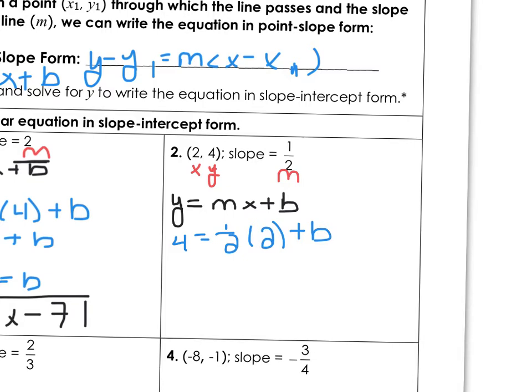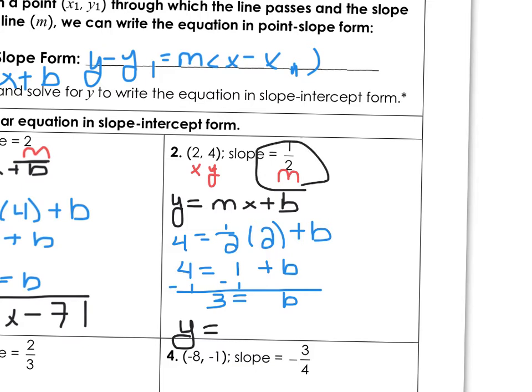So 1/2 times 2 means 4 equals 1 plus b, subtract 1, and we got b equals 3. Now I can go back and finish off. So replace your slope with what your slope is, 1/2 x plus, and put in your b, 3. And I'm done.